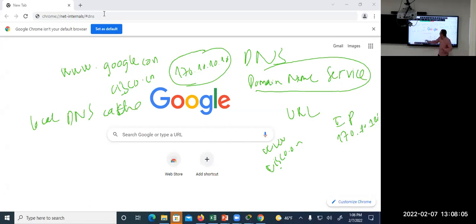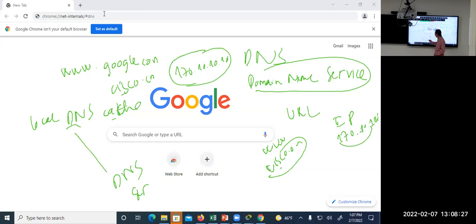When you go to cisco.com, it looks it up in the local cache. If you have the matching between cisco.com and the IP address, it routes directly to cisco.com. In the case that you don't have it in the local cache, you have to query it and route it to the DNS server.